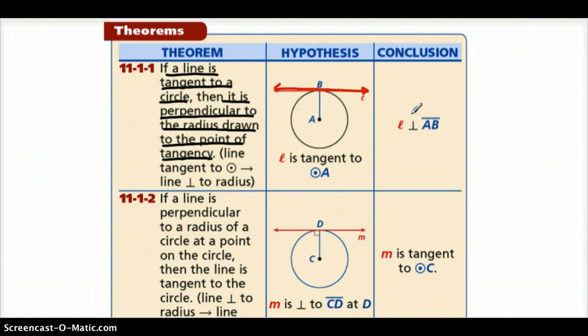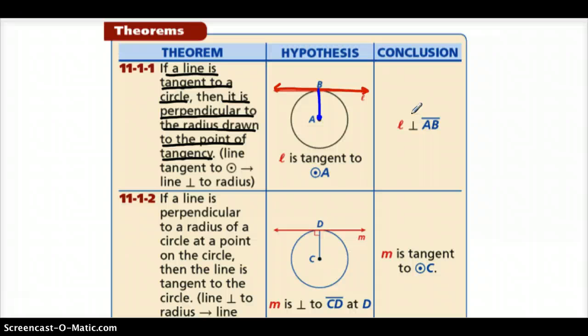Okay, this line is tangent to the circle. Okay, then it's perpendicular to the radius drawn to the point of tangency. So again, the radius drawn to the point of tangency. Again, that's going to be our conclusion here, okay? Is that, again, this line L is perpendicular to segment AB, okay?